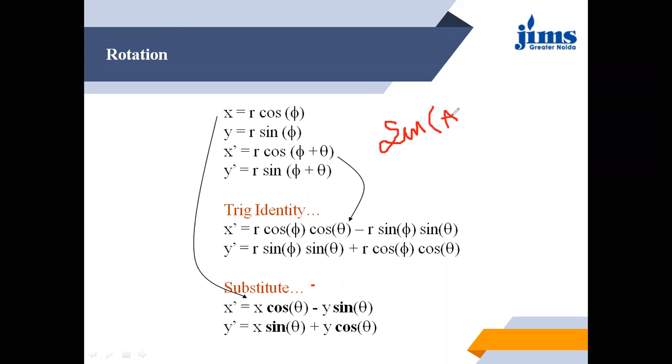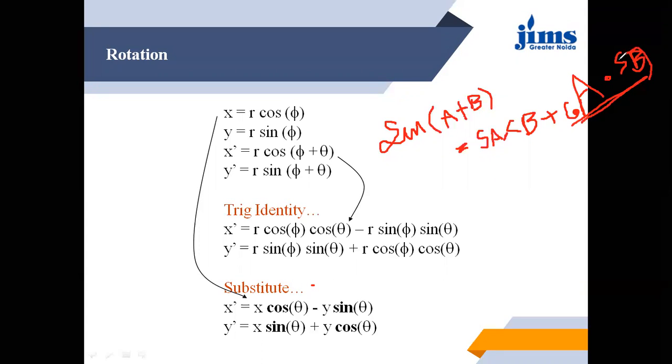The formula for this is sine a cos b plus cos a sine b. I am writing sine only by S and cos only by C. I can also write these two terms in the reverse order, first this and second this, as we have written over here.